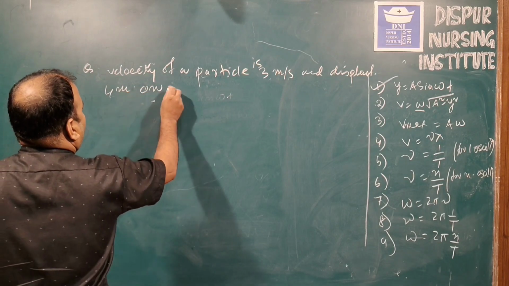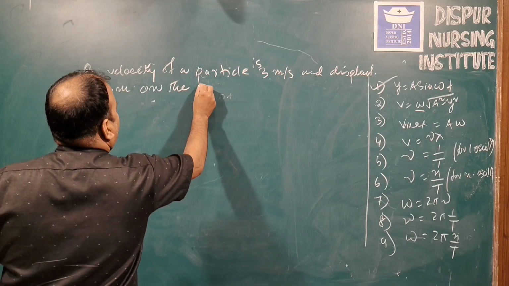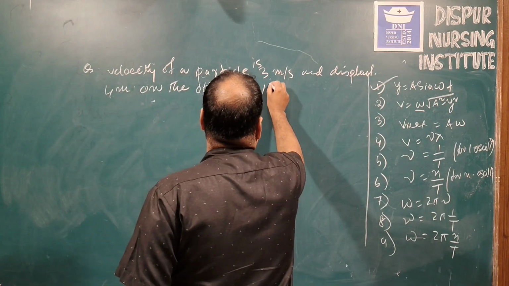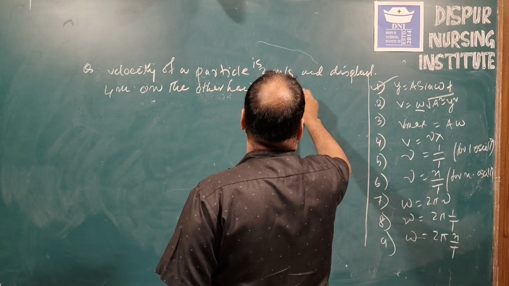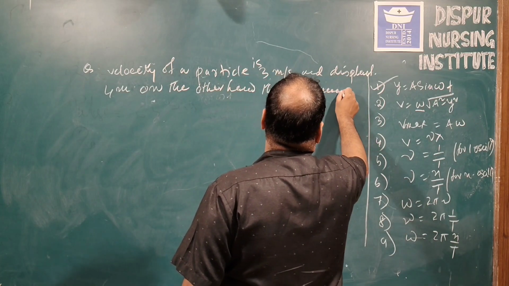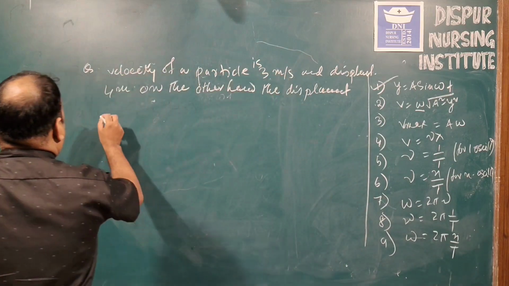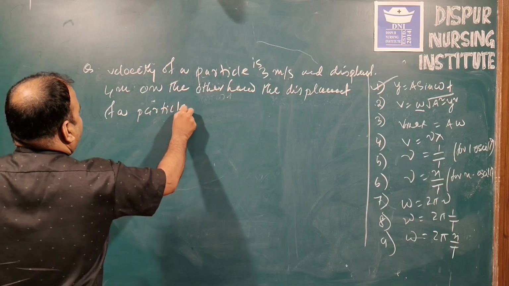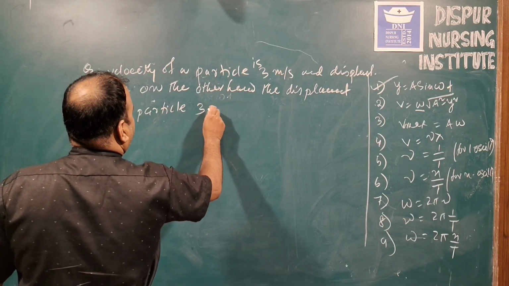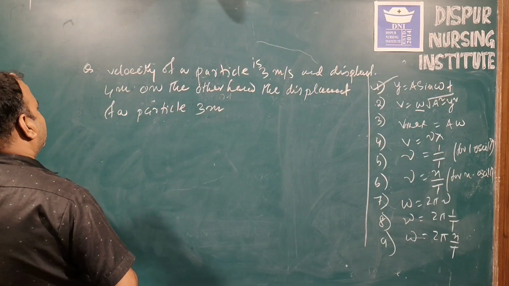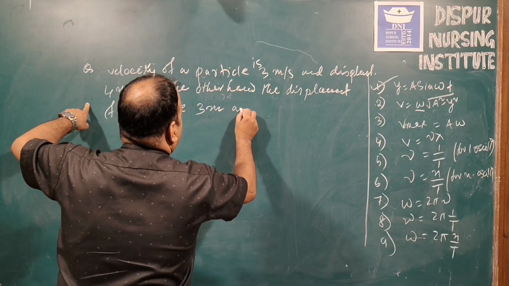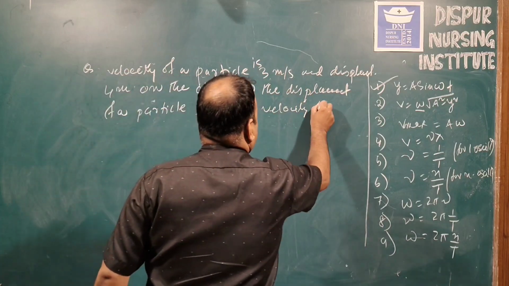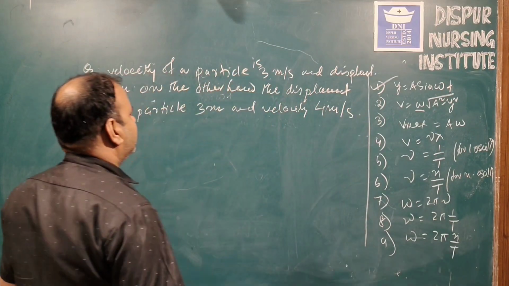On the other hand, the displacement of a particle is 3 meter, and velocity 4 meter per second.